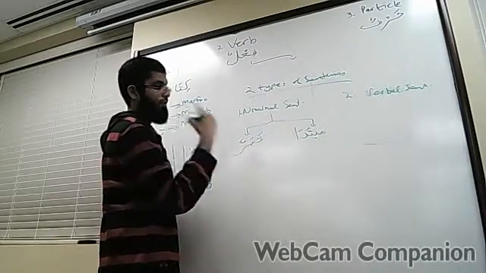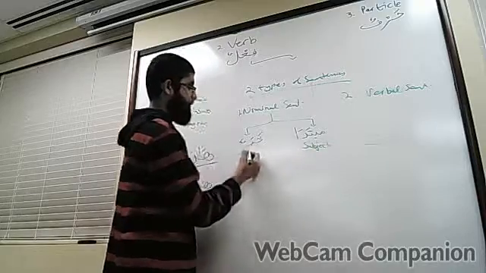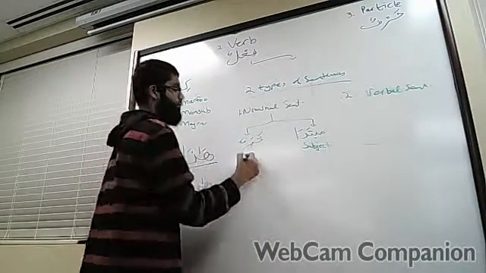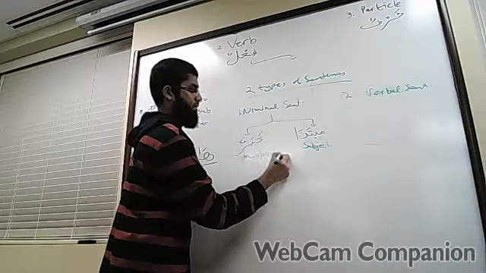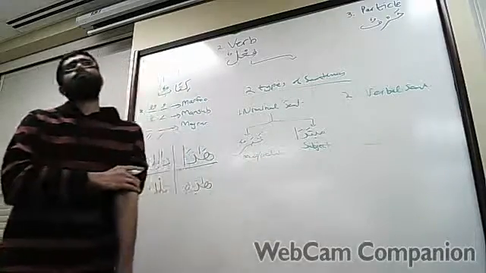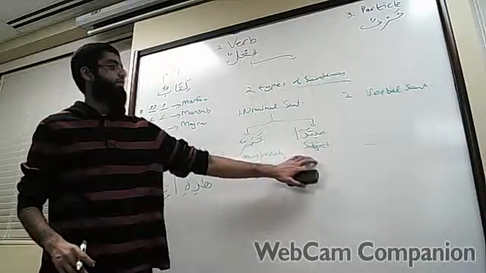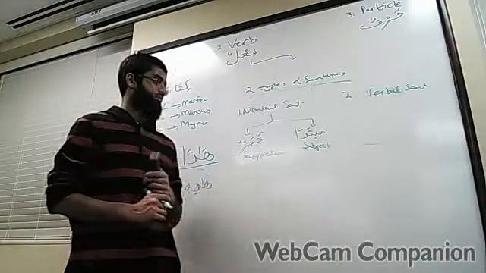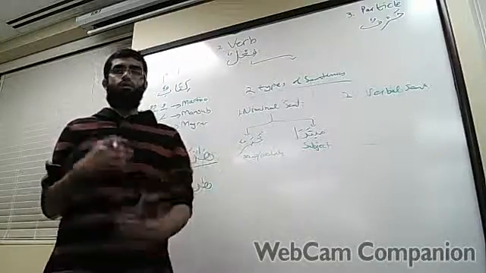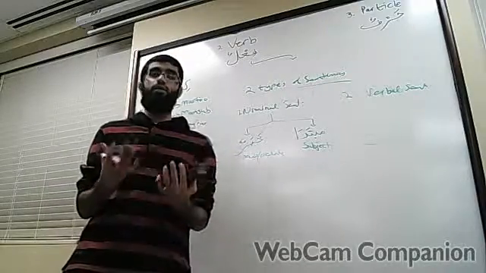So mubtada means the subject, and the khabar means the news or the predicate. The subject will almost always be definite, right? The khabar is sometimes indefinite, but it can be definite.